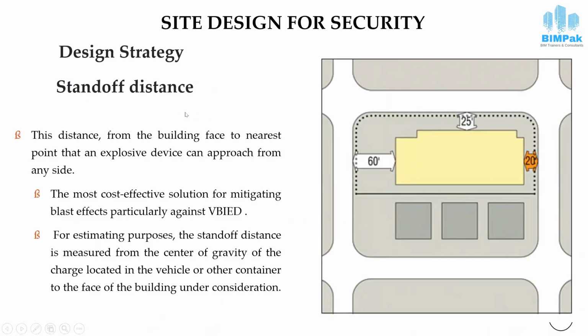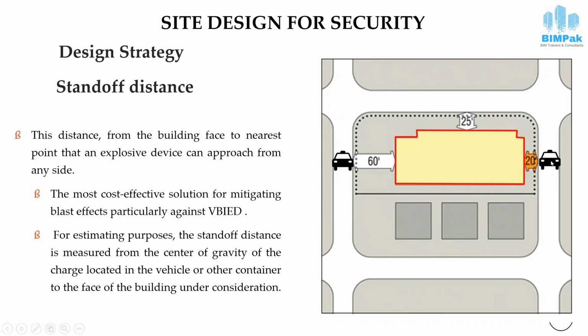This is the standoff distance. It is a very important factor, and standoff distance is considered to be the most effective solution for mitigating the blast effect. Here we can see that this is the targeted area, and a car can easily come to this point. The distance between this vehicle and the building is almost 60 units.